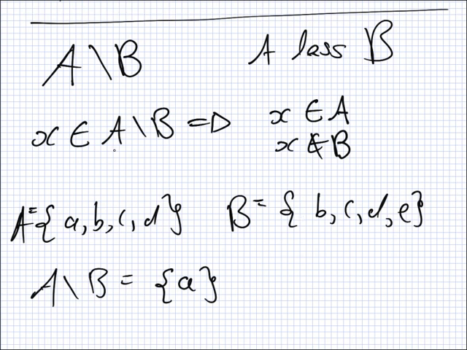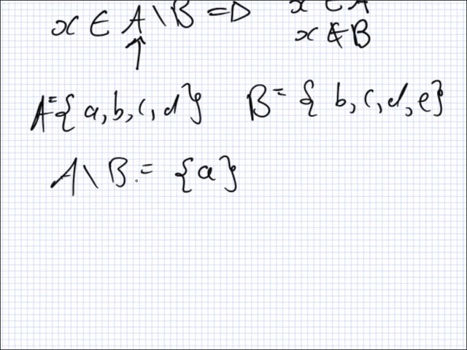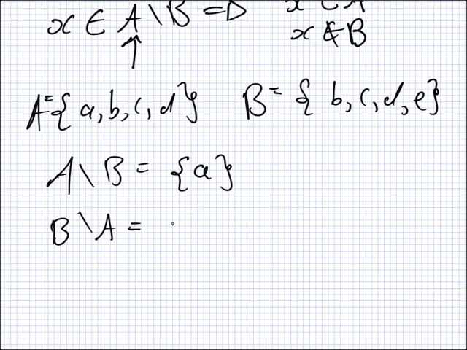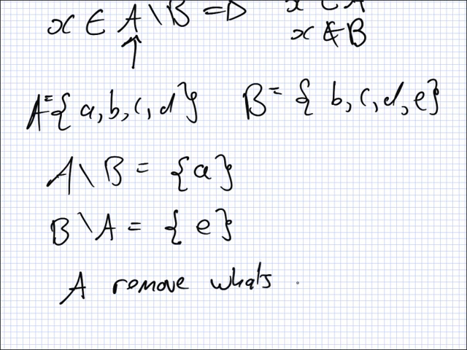Yes, because what you do is you start with A and you delete whatever it shares with B. Okay, let's look at the other way around. B less A. So you start with B and you remove everything that it could share with A. What would leave you then? E. You remove B, C, D, and it just leaves you with E, doesn't it? So you need to think of this as a bit like a delete. Okay? You start with A and then you remove what's shared with B. It's like a delete.